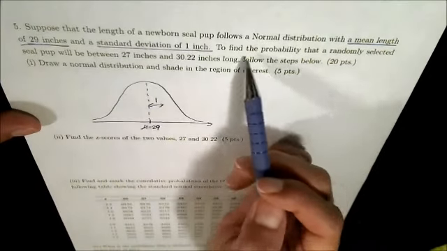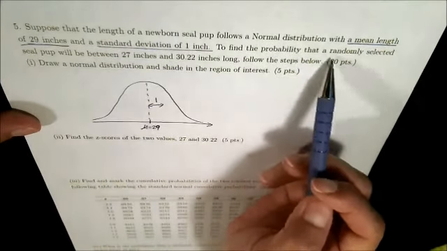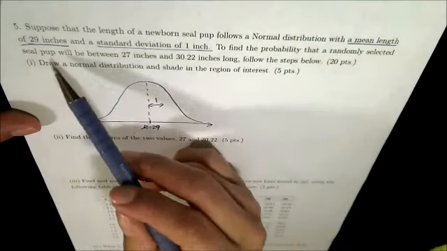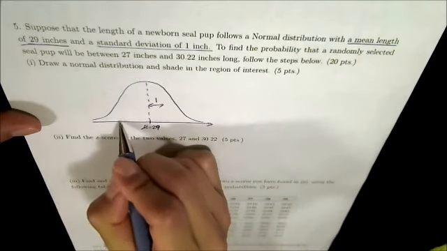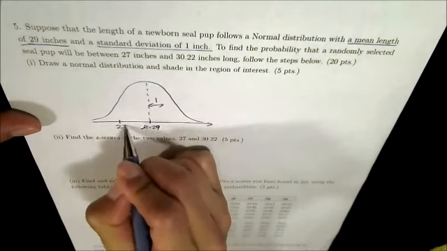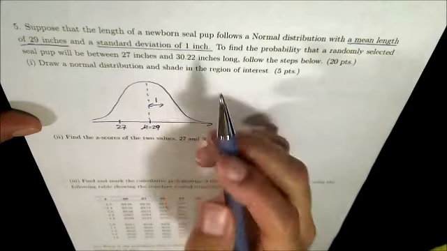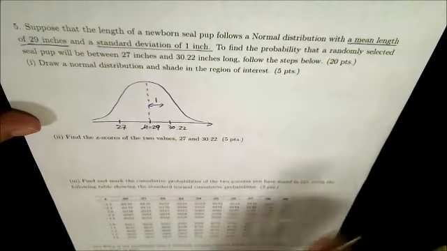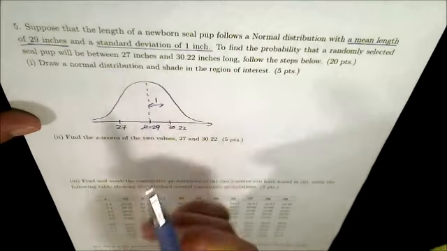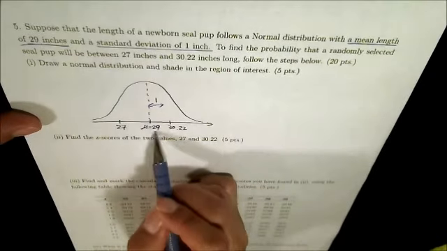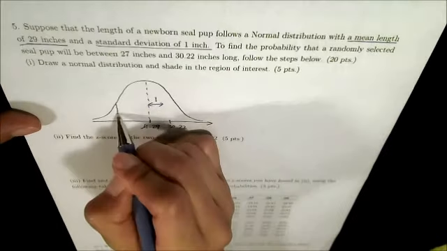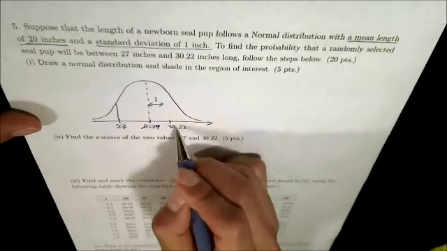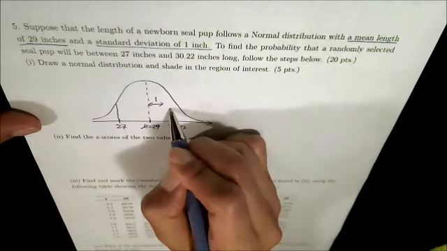I want to find the probability that a randomly selected seal pup will be between 27 and 30.22. 27 is on the left-hand side of the mean, and 30.22 is bigger than 29.